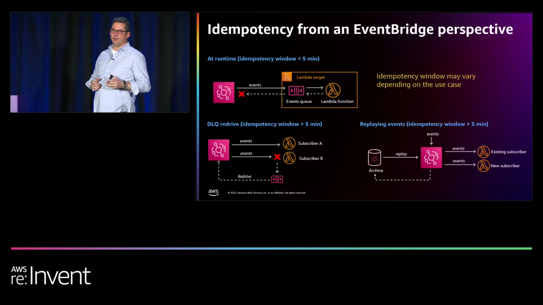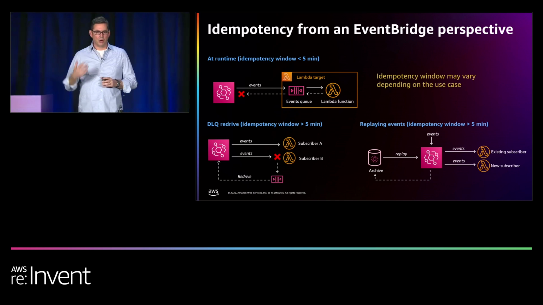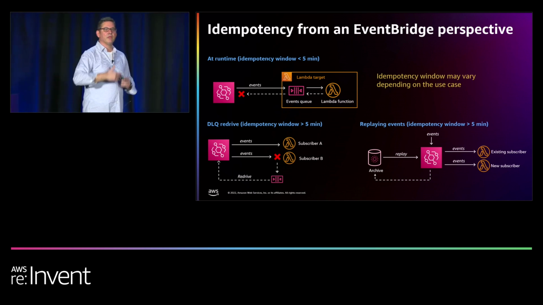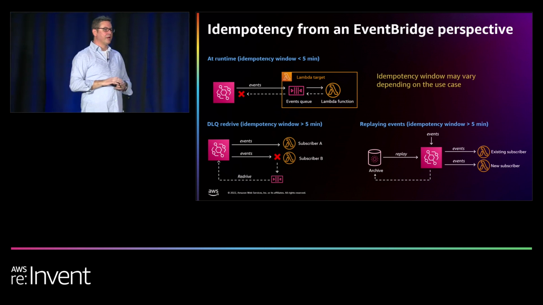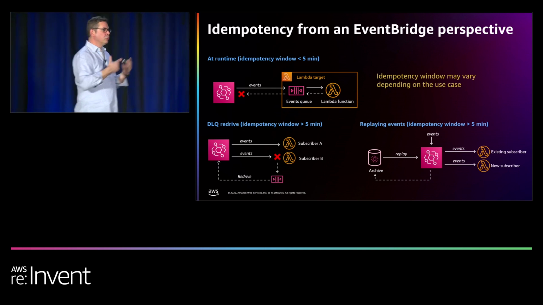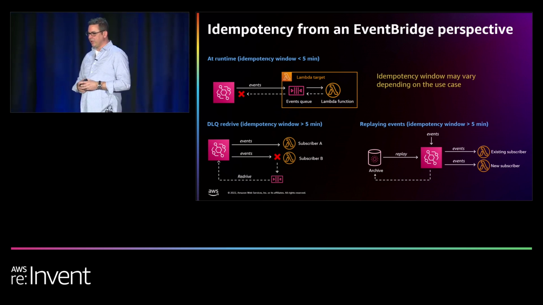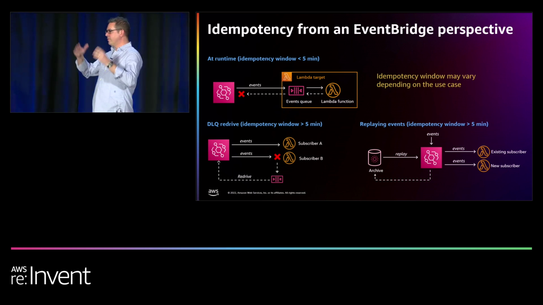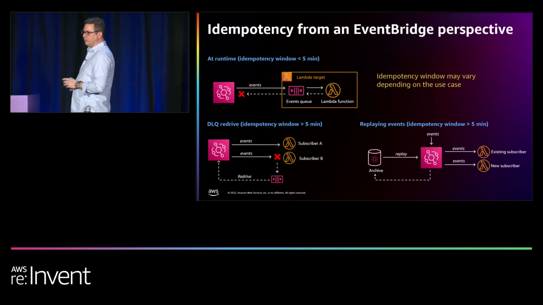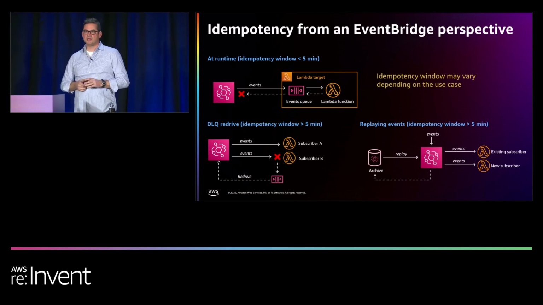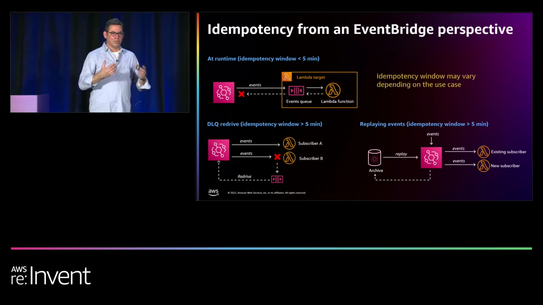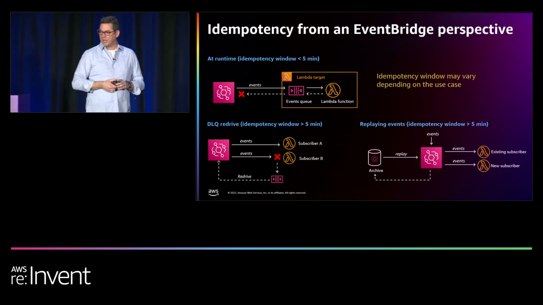But what about if you are looking at retrying failed delivery of events? There, the idempotency window may be greater than 5 minutes. Equally, if you're retrying or redelivering events from the archive and replay feature, you also have a much larger window that you need to deal with. So think about strategies that you might want to implement to help with the deduplication of events.